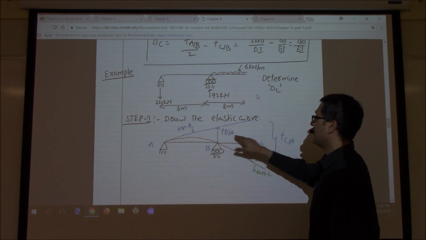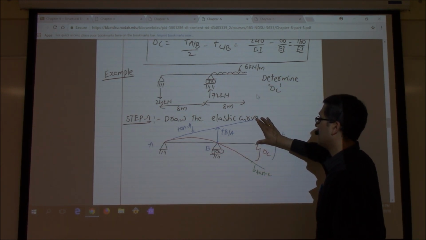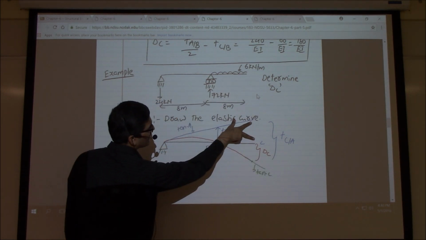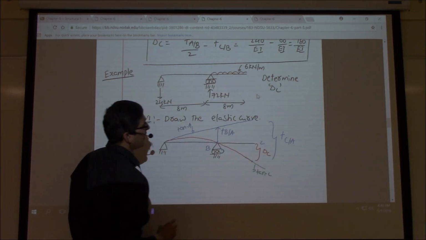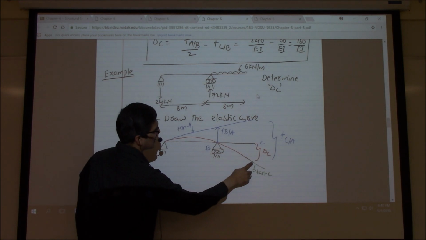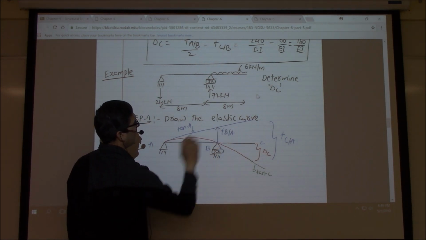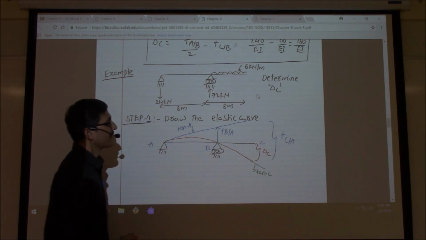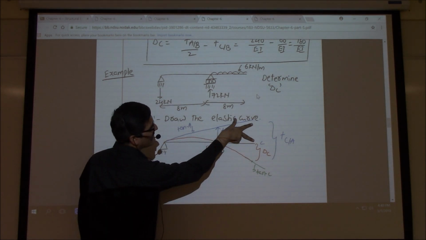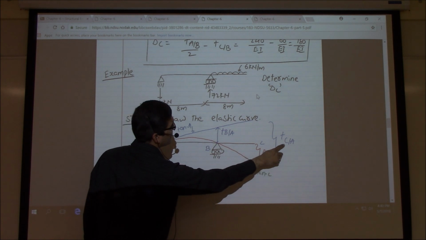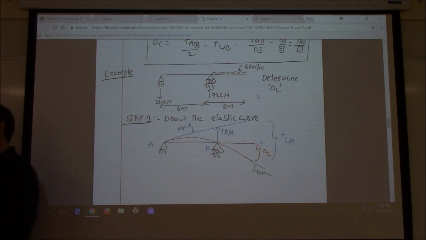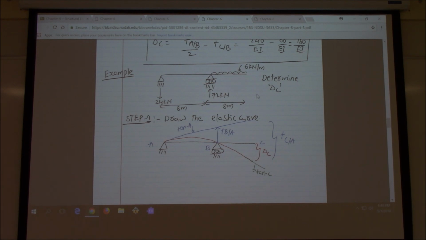This TB by A will become 2 TB by A at this end. Once you know this value, you can evaluate TC by A, which is nothing but the deviation of the point C with respect to tangent A, and by subtracting this 2 TB by A from this TC by A, you get delta C. That is what is written in the next step.